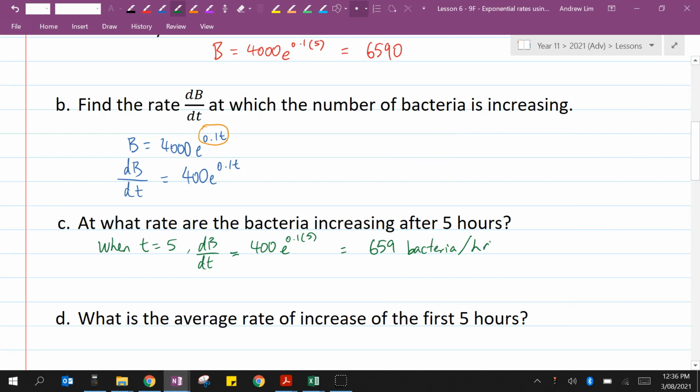Remember, we're talking about a rate. Now I'm going to say this is approximately equal to, because it's not exact. And I'll probably do the same thing up here.